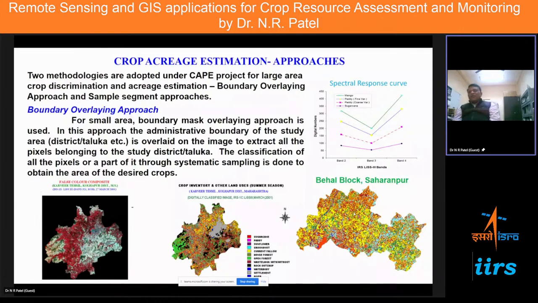When the satellite image was available at the end of October, there was a distinct signature because one variety was in the flowering stage, and the other was almost at maturity. So both had a different, distinct appearance. As a result, we were able to identify them. But it may not be possible everywhere, in any region, to identify two varieties. If by chance you get a good, identifiable signature, then only can you do this classification up to the variety level.